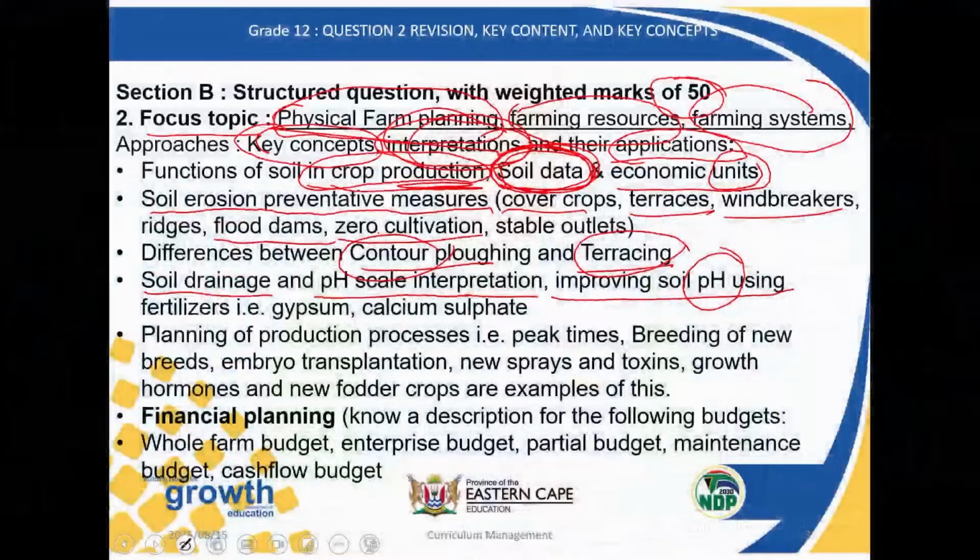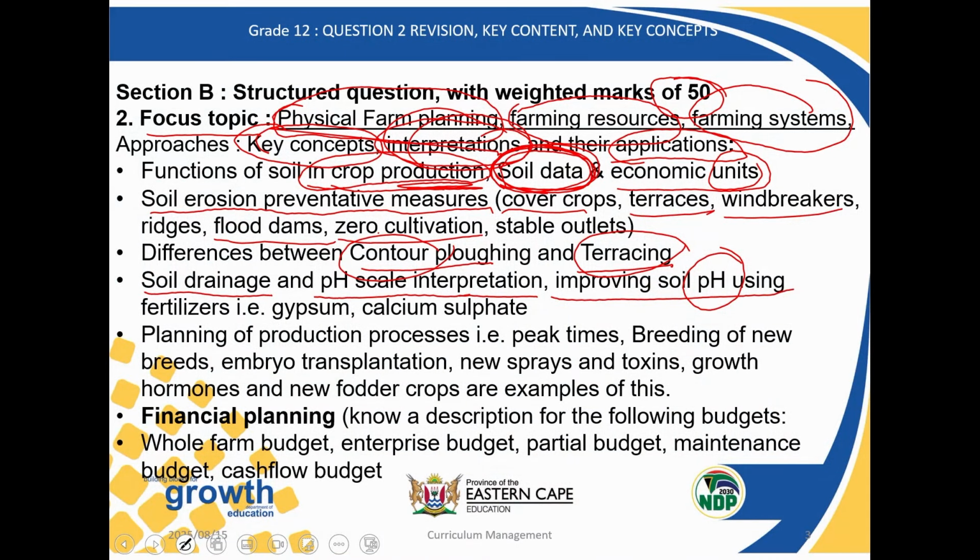It could be cabbage or spinach or whatever. Those produce, for them to grow, they need a certain pH, and then you should also be in a position to improve the soil. And then you need to know how to interpret the pH scale, that is power of hydrogen ions that are found in that particular soil.